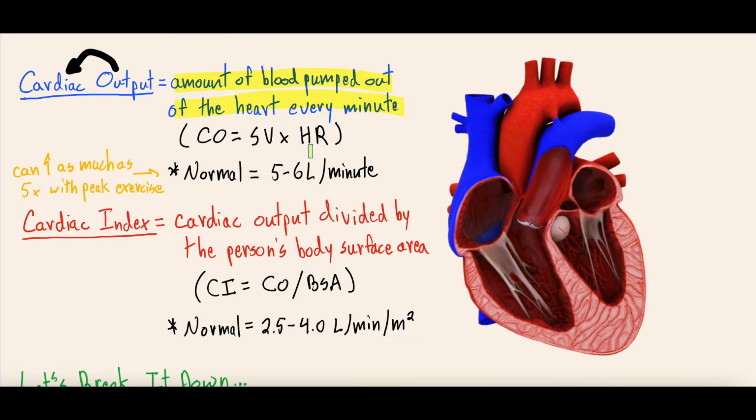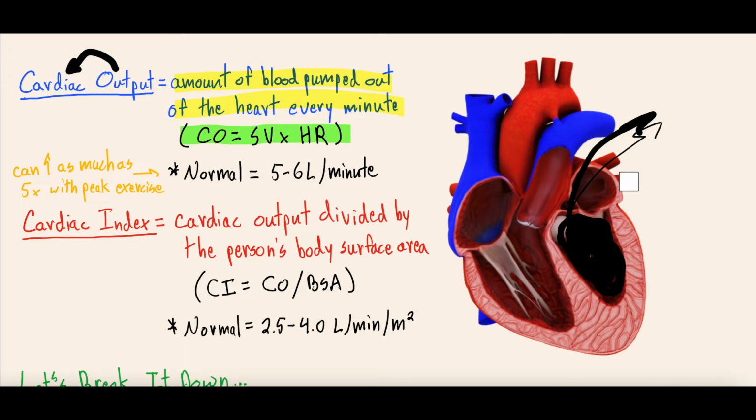Equation-wise, though, mathematically, the way this is calculated is the cardiac output, CO, is the stroke volume times the heart rate. We have a picture of a heart over here. If we're thinking about the amount of blood pumped out of this heart every minute, the components of that are going to be the stroke volume, how much actual blood is being pumped out in every beat, multiplied by the number of times the heart pumps per minute, or the heart rate.